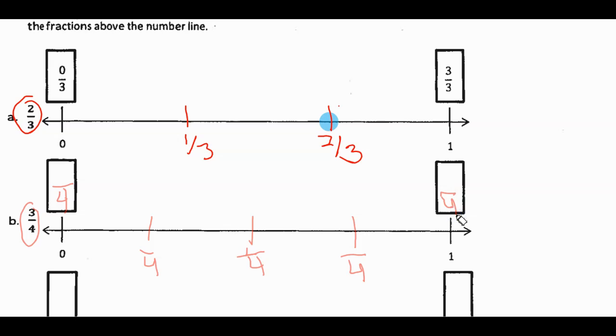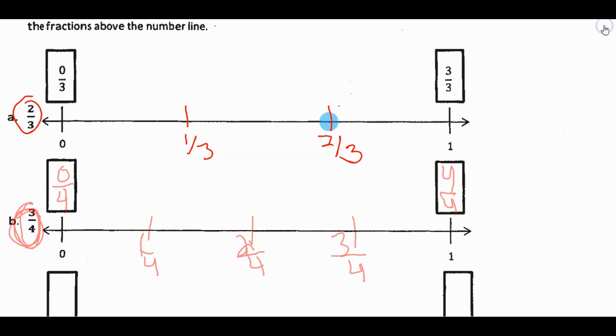So how do I start? Just like I did at the top. 0/4 right here. It goes in the box. And then what comes next? 1/4. Then 2/4. Then 3/4. And what goes in the box on the right? 4/4. And I need to put the dot where? 3/4.